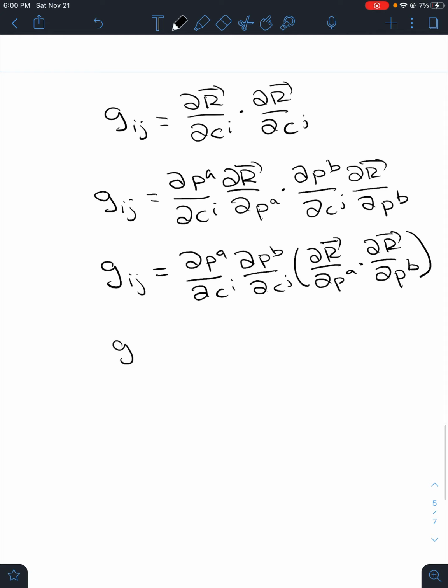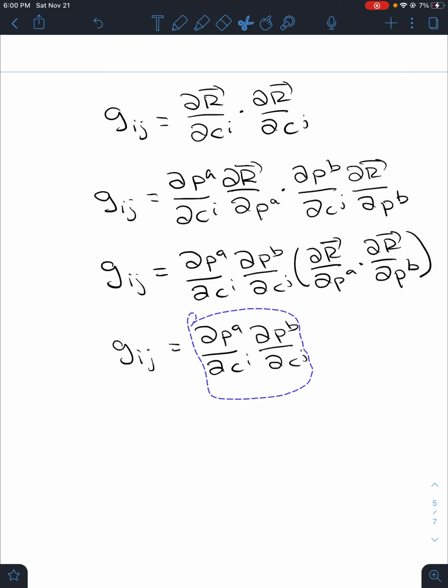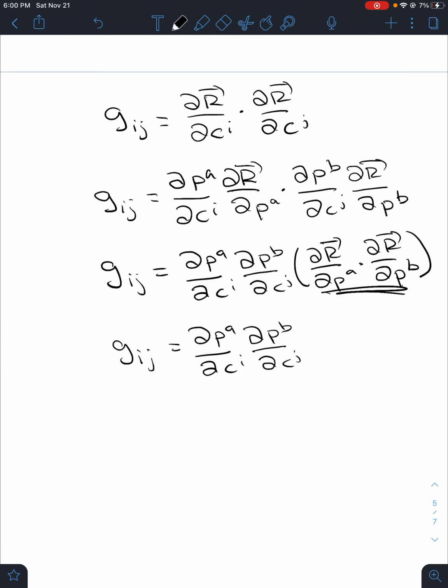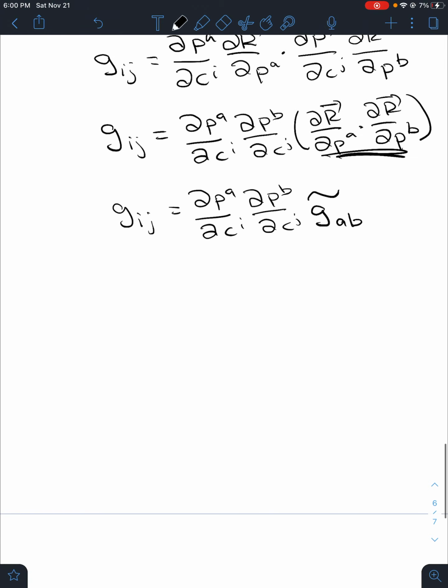And we can immediately identify that this over here is just the metric tensor in the new basis, g~_ab. That's the definition of it. So now we can multiply both sides by partial c^i over partial p^a and partial c^j over partial p^b.